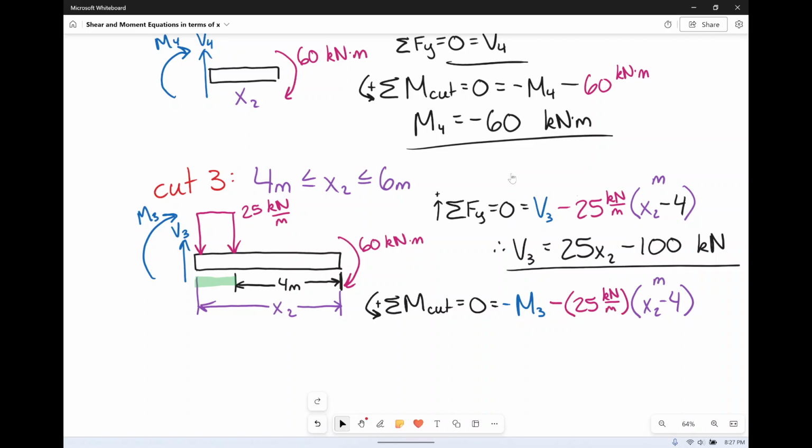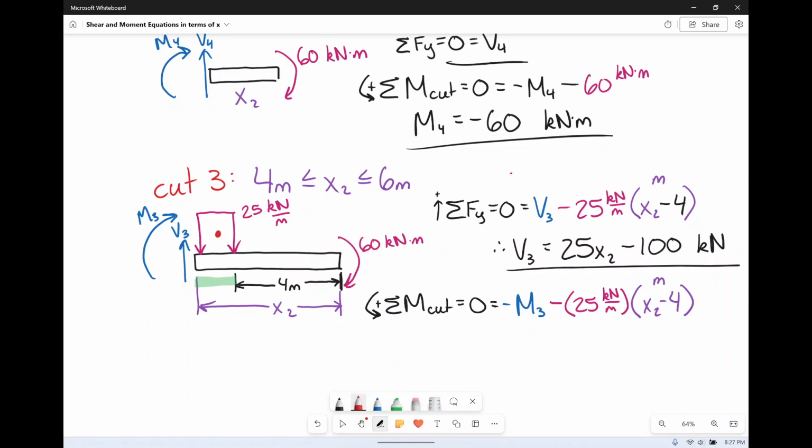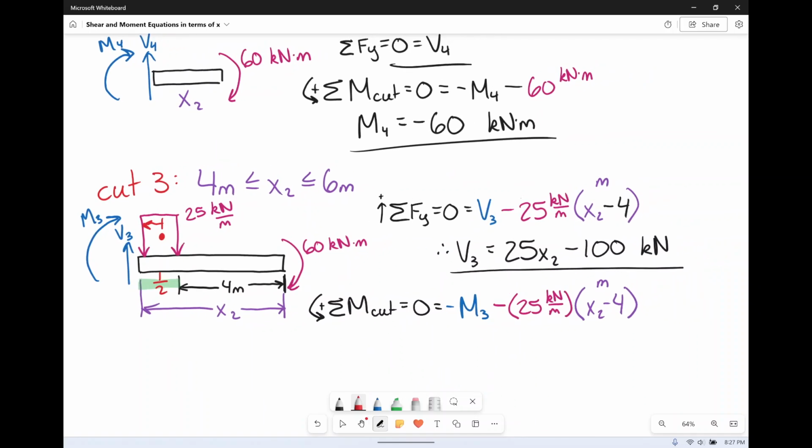That's force. What's the distance? And we want the distance from the centroid over to the cut. So that distance is 1/2 of the distance that we literally just had for this little green highlight area. So that is half of x2 minus 4.